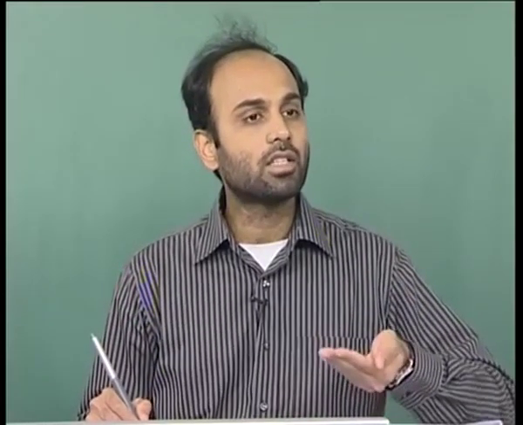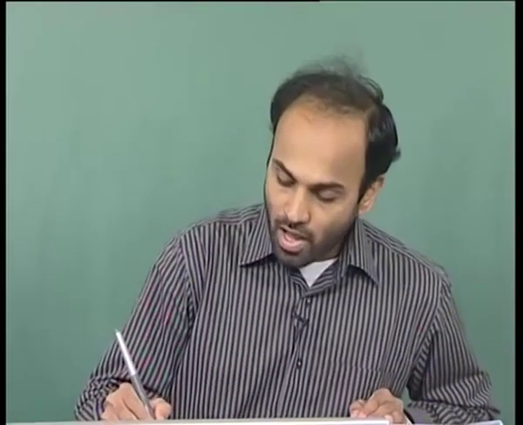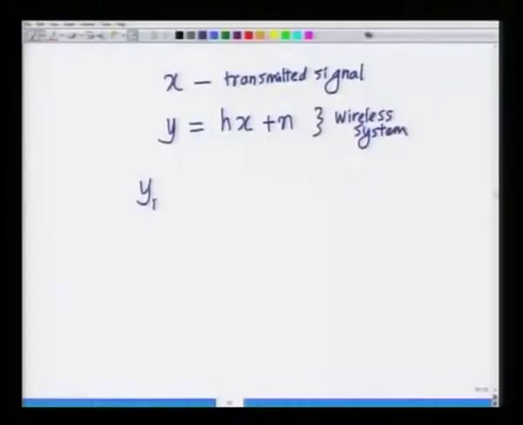So, the model becomes as follows. I am receiving on receive antenna 1. So, I will have Y1, which is the signal received on receive antenna 1, equals H1, which is the fading coefficient between the transmit antenna and the receive antenna 1, times the signal X plus N1, which is now the noise at receiver 1.